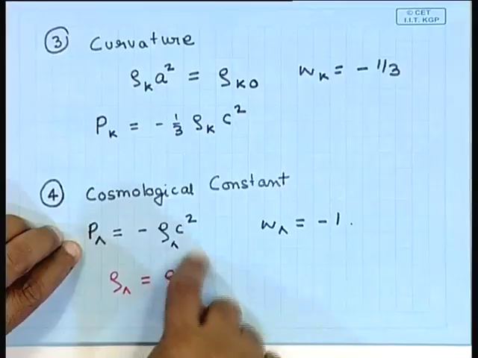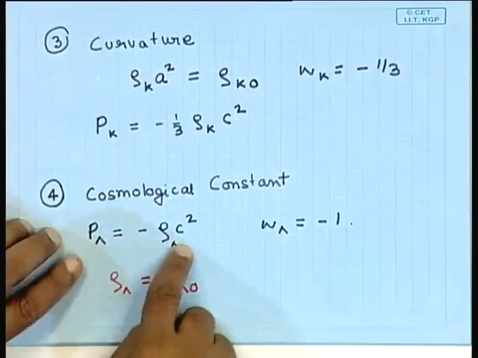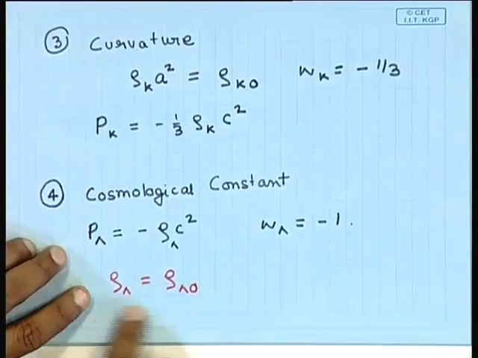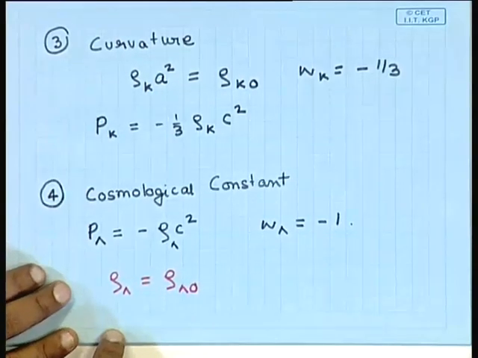If I take a gas which has positive pressure and expand it, the gas does work on the boundaries. The gas does work which causes the internal energy to fall faster than it would have if the pressure was 0. So, when there is negative pressure, the expansion does work on the gas, and the gas gains energy. When the pressure is equal to minus the energy density, this work done exactly compensates for the fall in the energy density due to the expansion, so that finally the energy density remains a constant as the universe expands.